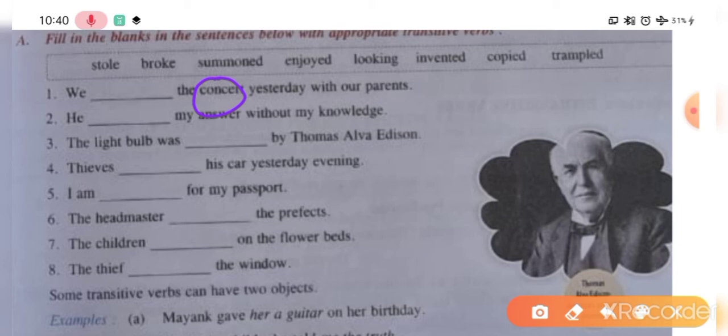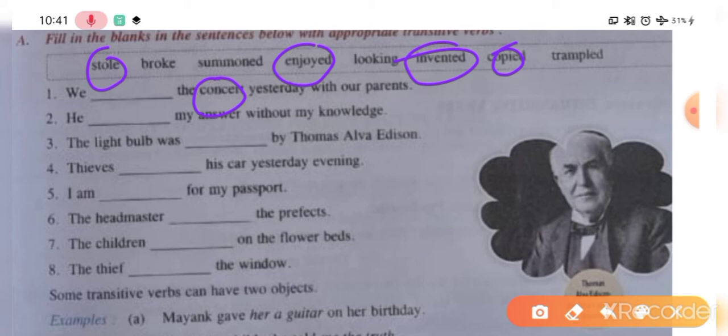The simple verb will be: we enjoyed the concert yesterday with our parents. Clear? Next is, he copied my answer without my knowledge. The light bulb was invented by Thomas Alva Edison. And thieves stole my car yesterday evening.